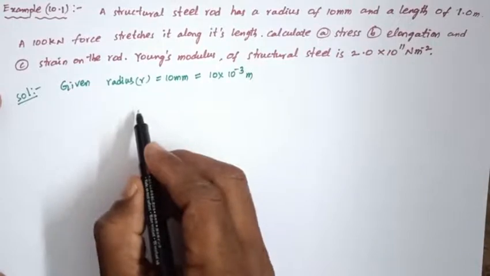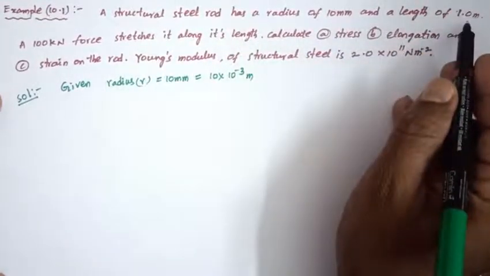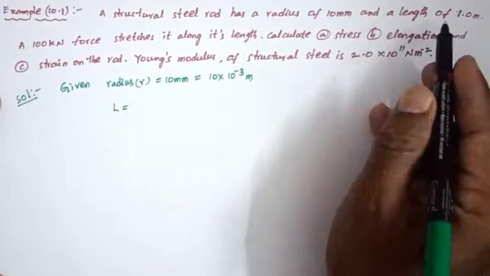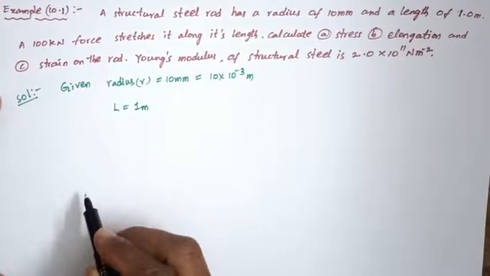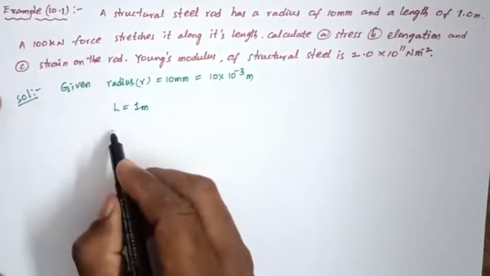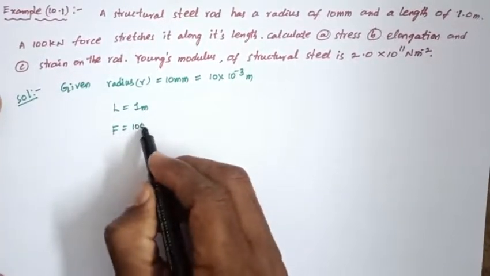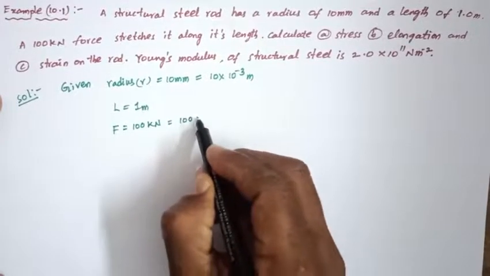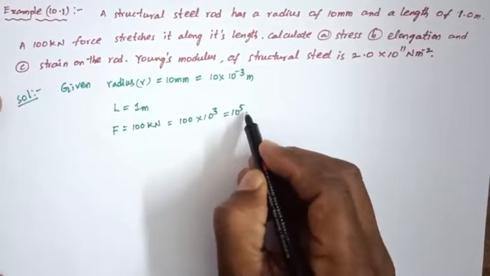Next, the given length L equals 1 meter, 1.0 is nothing but 1 meter, and the force F equals 100 kilonewtons. Kilo is 10 to the power of 3, so that is 10 power 5 newtons.